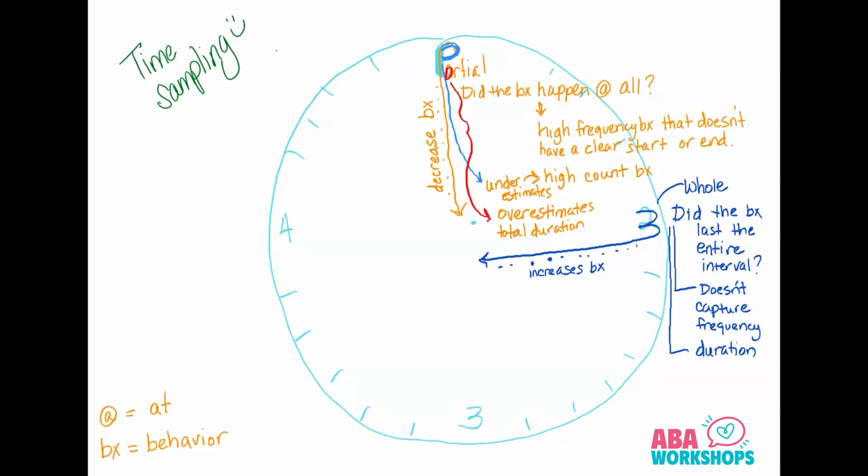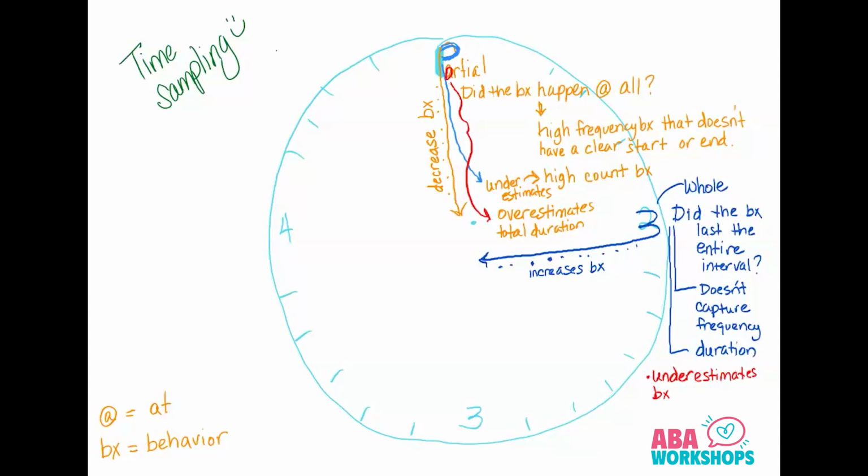And then one last one about whole, which we all will have to remember somehow, is that whole underestimates it underestimates behavior. And it does so by missing brief instances.